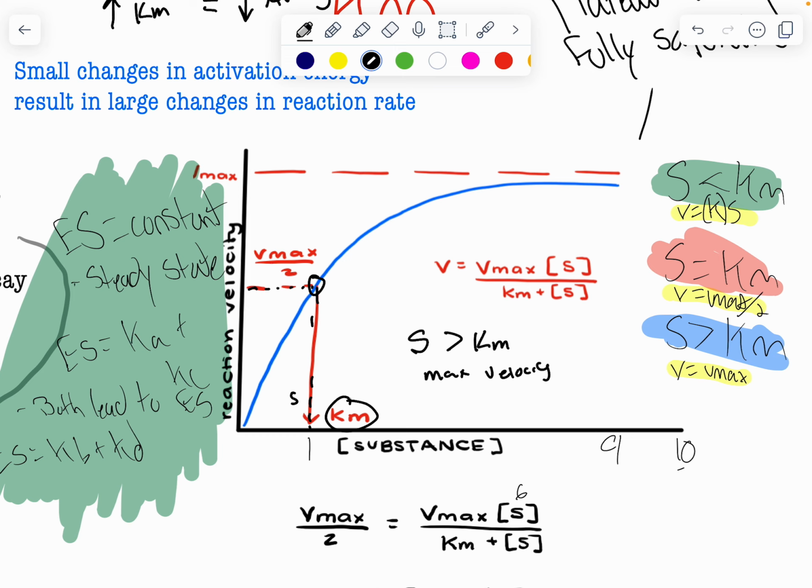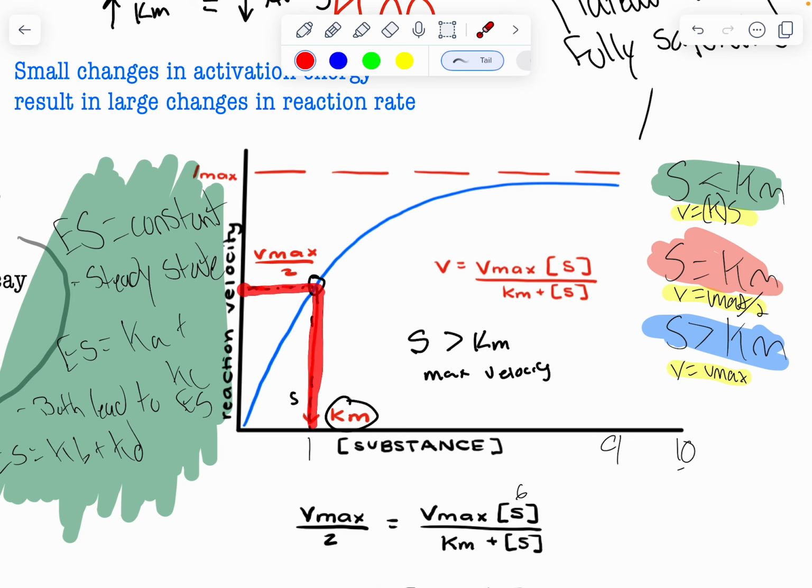So as a quick refresher, anything before Km, or when our substrate level is less than Km, our reaction velocity is determined by the concentration of substrate that we have. If we only put 2 in, our reaction velocity is going to be down here. If we put 4 in, our reaction velocity is going to increase to up here. And then let's say our Km is 8.